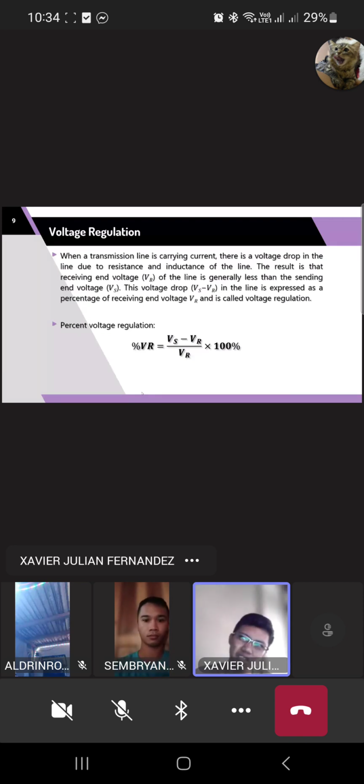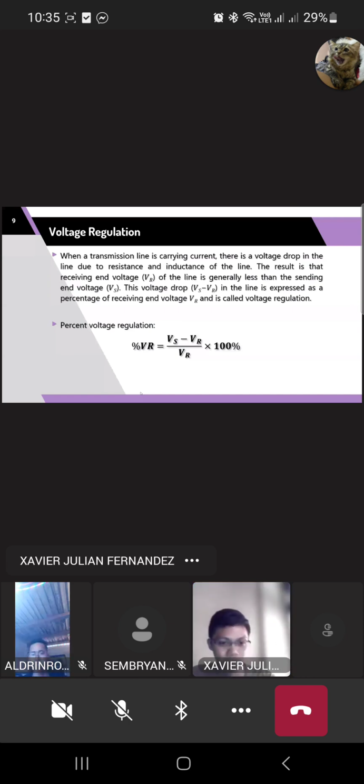So it's the generated voltage minus terminal voltage, all over terminal voltage. It depends. But in the context of transmission lines, the percent voltage regulation is the sending end minus the receiving end voltage, all over the receiving end voltage, times 100.